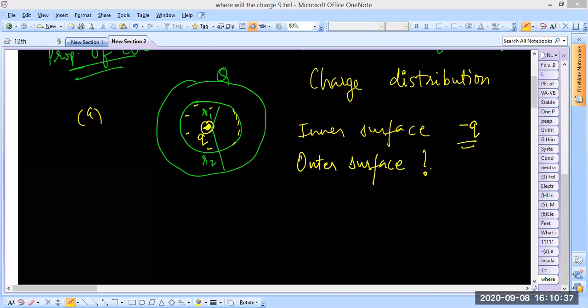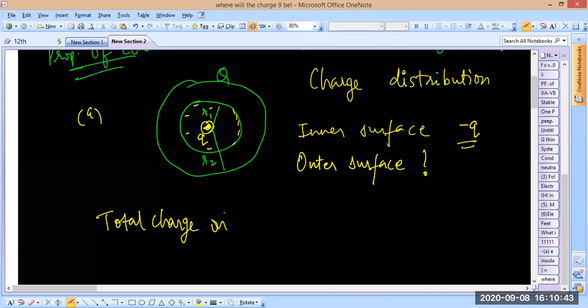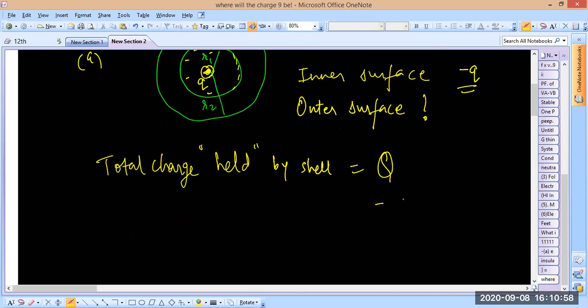Yes, Harshad. Right answer. See, total charge held by the shell. All right. I hope I don't have to explain this again ever. Total charge held by the shell is equal to capital Q, and on the inner surface it is minus q, right?